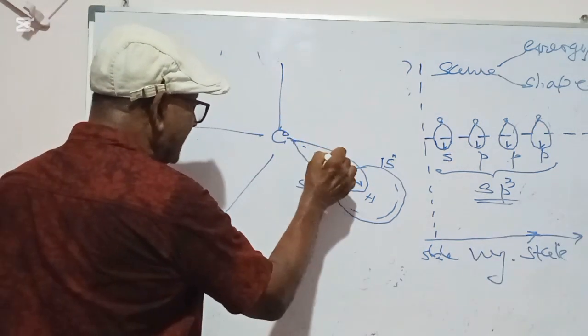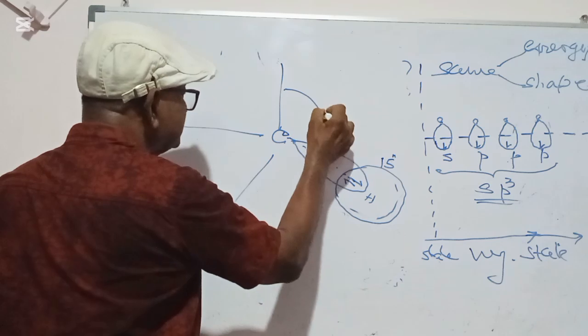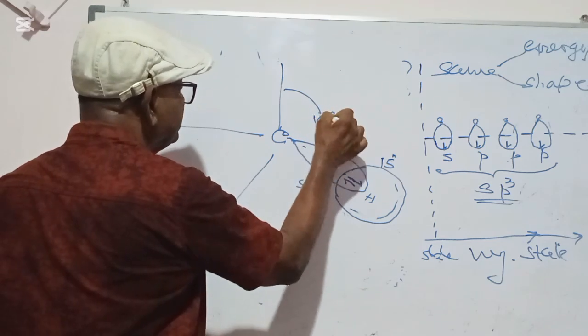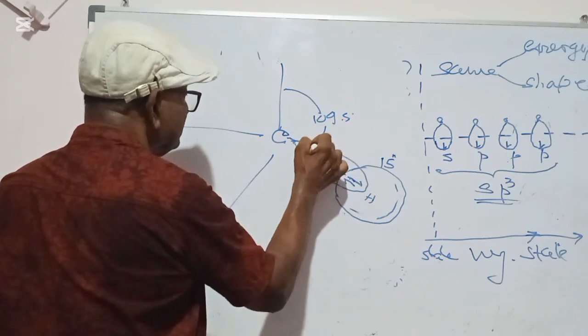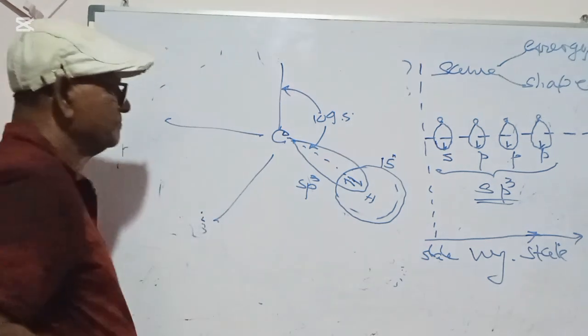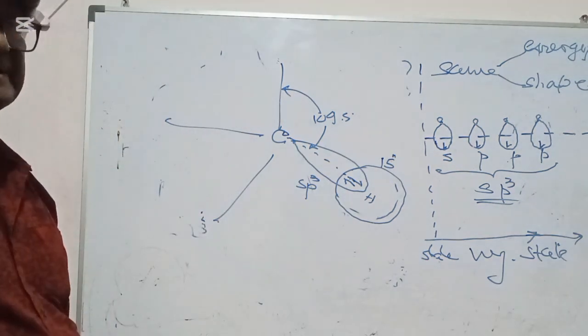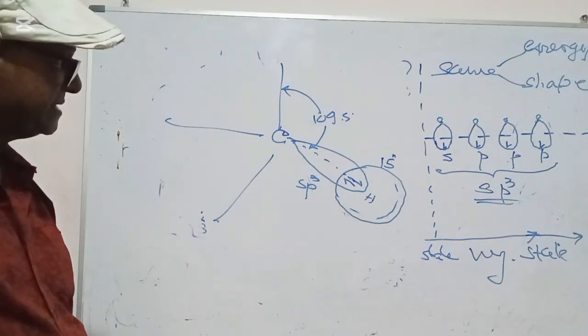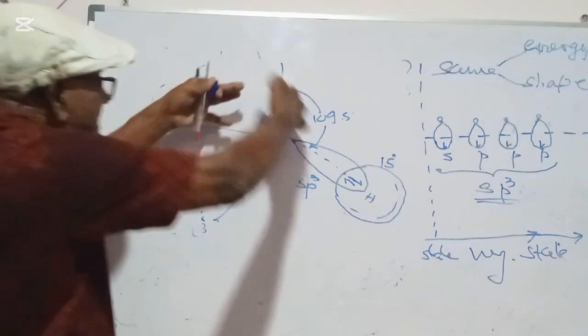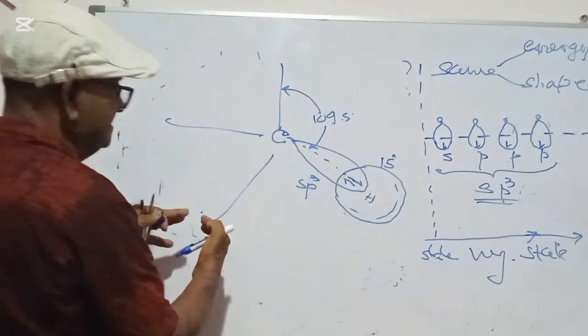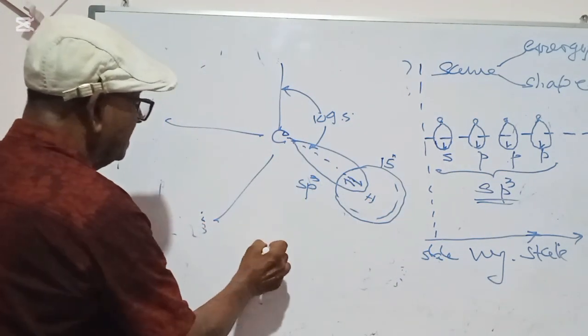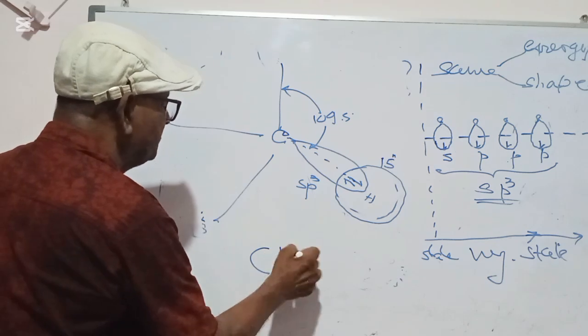If we consider the axis, this is the 109.5 degree angle. Right? So the whole molecule is tetrahedral. The formula is CH4.